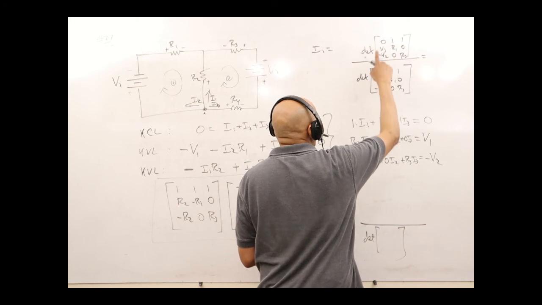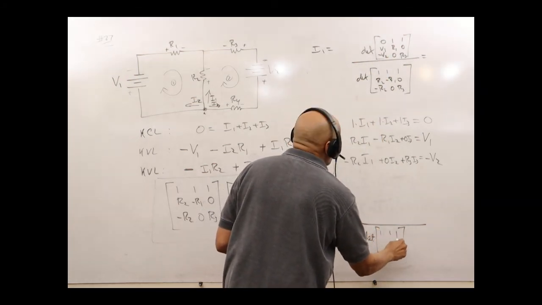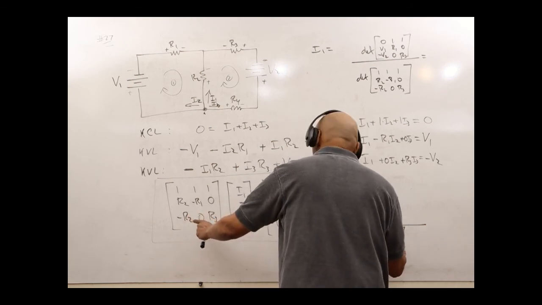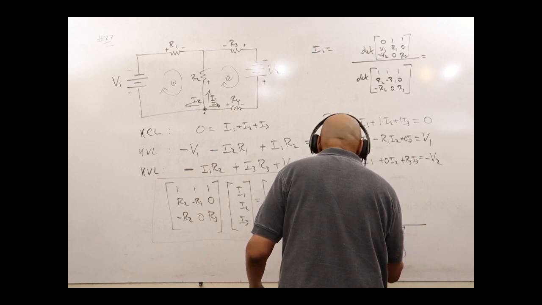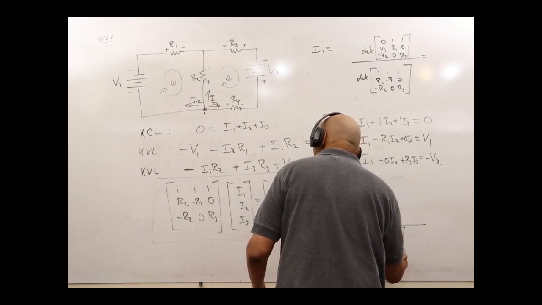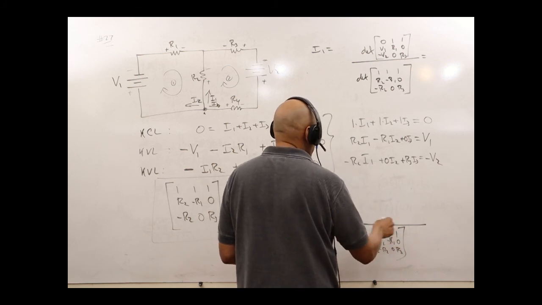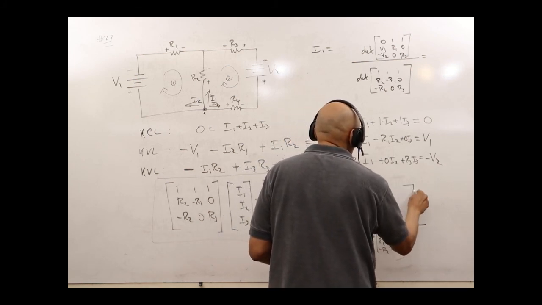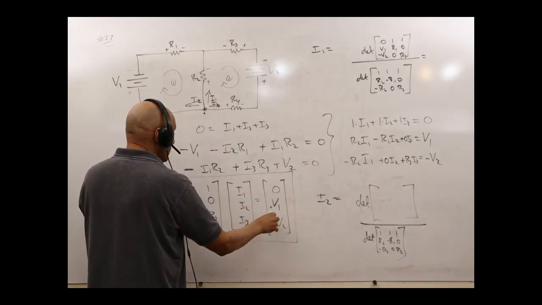This is a number. So the bottom stays the same, so it's 1, 1, 1. Actually, I'm going to look it up because my handwriting is so terrible. And this is 0, and this is minus R2, and 0, R3. So you just have to calculate this determinant once and put it always at the denominator. And the second determinant, the top determinant, is going to be, well, this is the I2 column, so I'm going to replace it with 0, V1, V2.